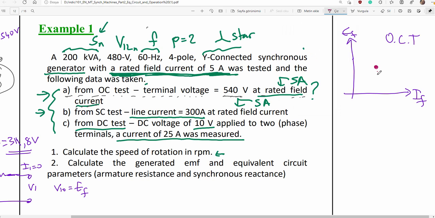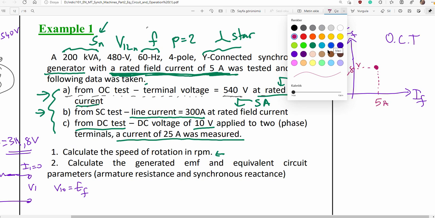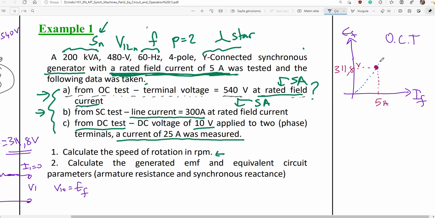Just one point is given in this question. Here's 5 amps, and here is 311.8 volts. That is just one of the points on the no load curve. It would be something like that. I'm not sure whether there is a saturation or not.